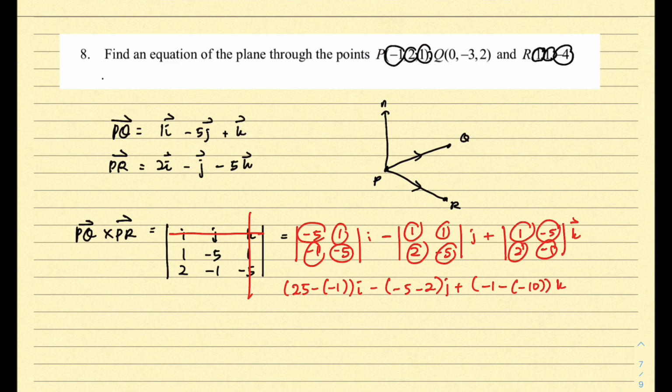And this one is for K. So you have 25 plus 1 is 26I. Negative 5 minus 2 is minus 7, and minus and minus will be plus 7J. Negative 1 plus 10 will be 9, so you have plus 9K. This one is the vector N that is perpendicular to the plane.